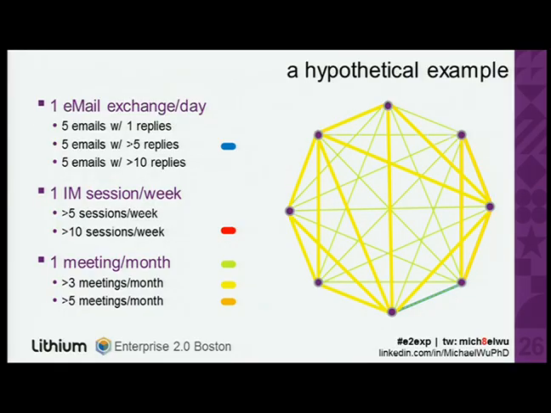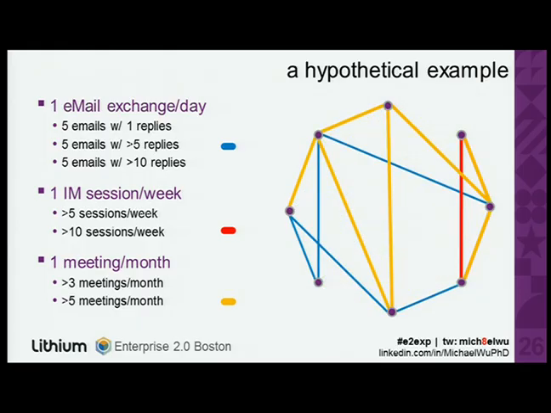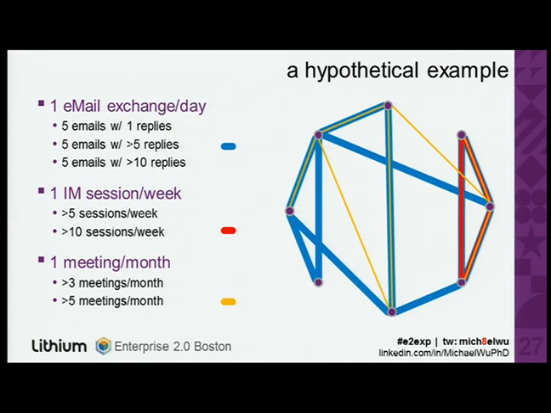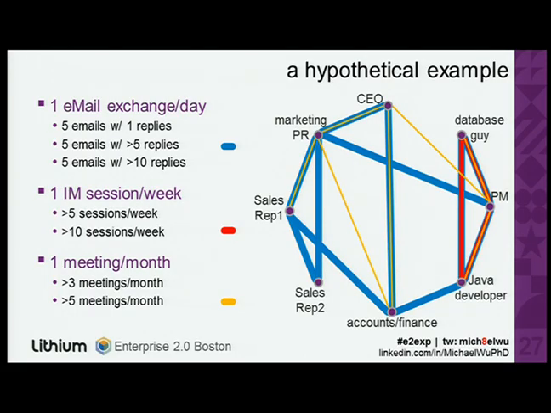Now, let's use the last one as my criteria. Okay, so now I'm just going to make this a little more visible to you because these graphs overlay on each other. So if collaboration means that I have to exchange 5 emails with at least 5 replies, and have 5 instant messaging sessions, and have 5 meetings a month, if that means collaboration, then only these 3 people have collaborated with each other, right?